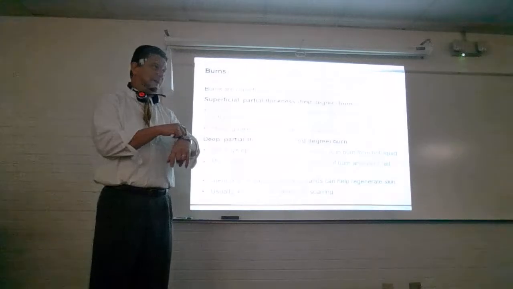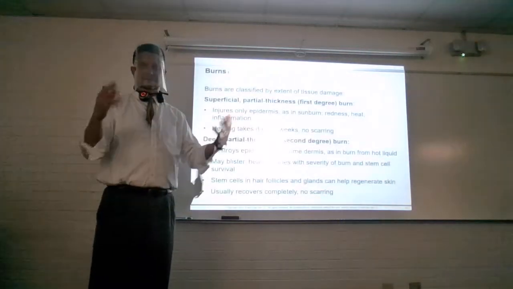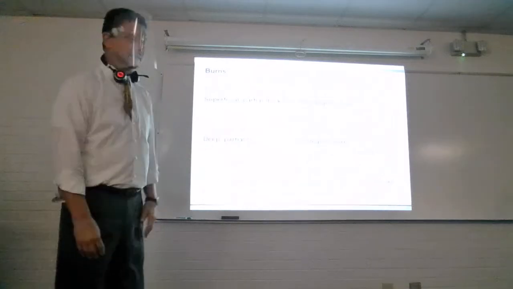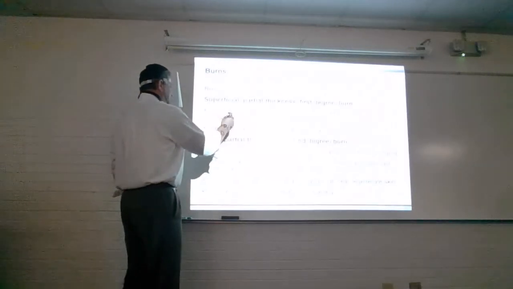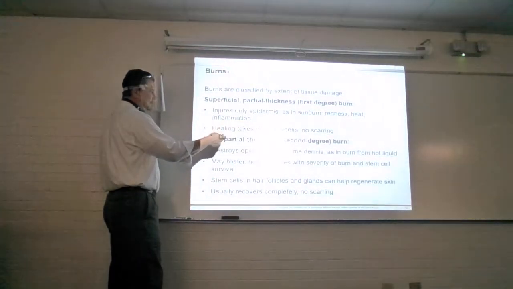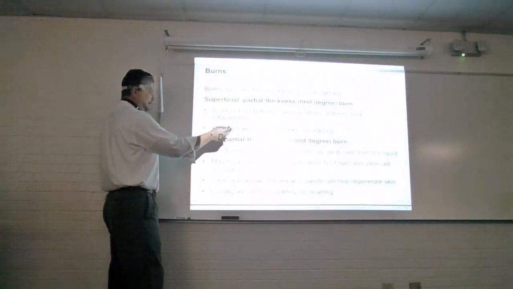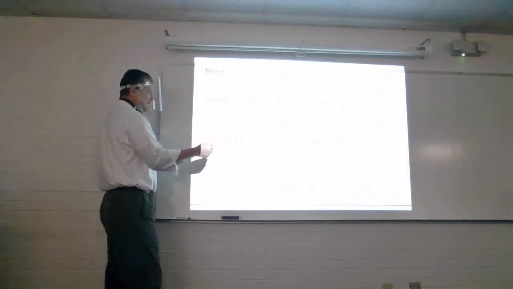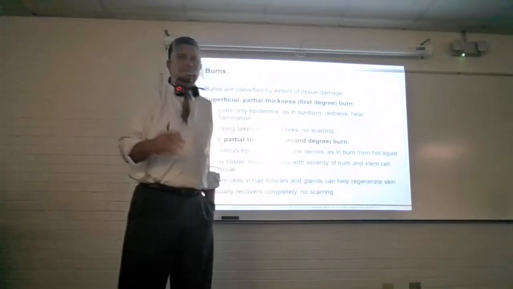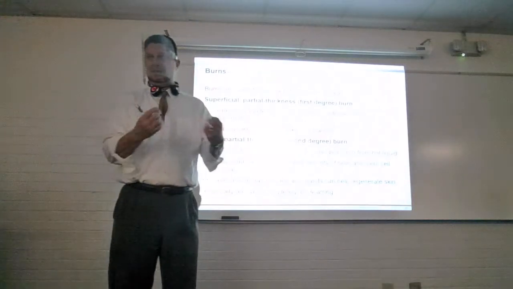This is not talking about the type that blister and cause real issues. Right? This is just the top layer. So this, again, is not going to blister. It'll heal in a few days. It says to weeks, but it really will only take a few days for this to go away. This is the type of sunburn that generally is not necessarily going to peel. It might peel a little bit, but it's not, again, blistering.